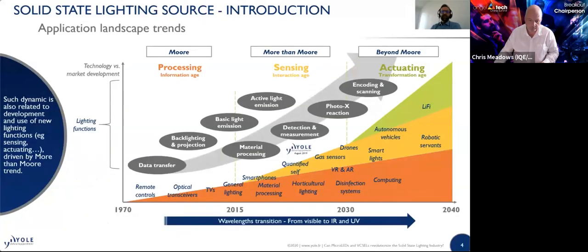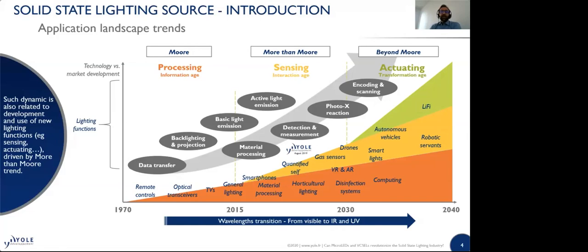But before moving to those topics, I just wanted to highlight that we're just scratching the surface of light science. The visible solid-state lighting market is driven by the best established, most common functions of light: basic lighting, as for general lighting, and backlighting, as for TV, smartphone displays, and so on. Today, visible lighting is less and less at the heart of the solid-state lighting industry. Indeed, infrared and ultraviolet lighting is experiencing much more interest.